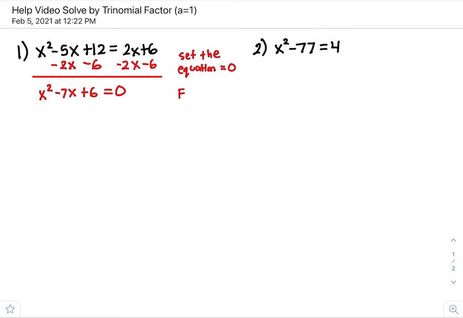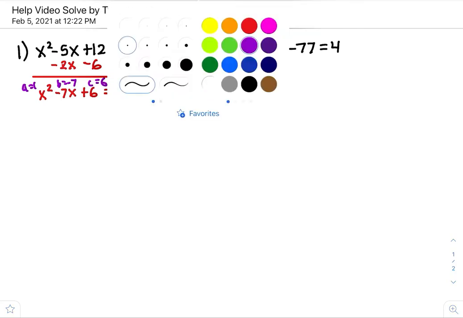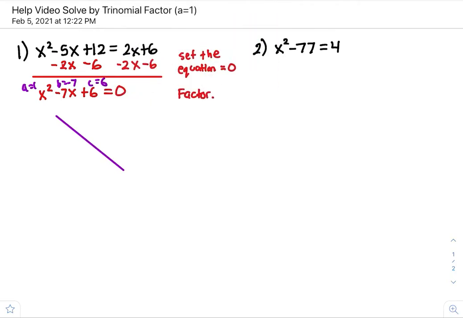The next step is to factor. So I'm just going to label this for you. And it's time to do our good old x method, right? So a times c up top and b on the bottom.